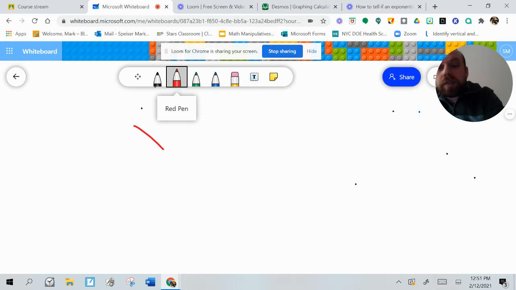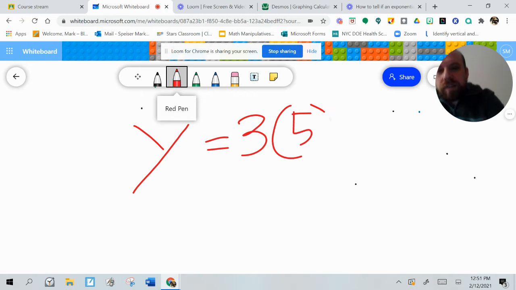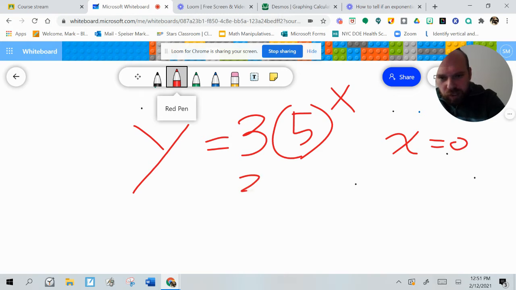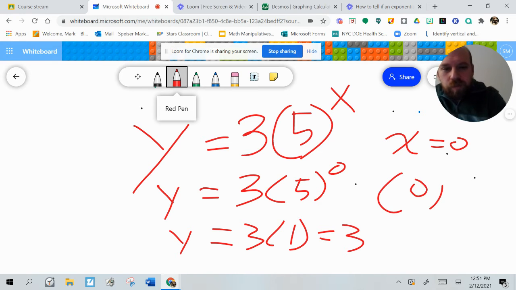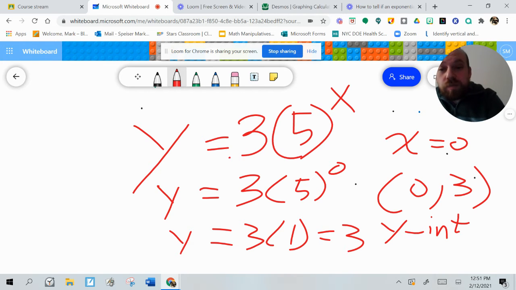So if we had y equals 3 times 5 to the x, we plug in x equals 0, and get 3 times 5 to the 0, which is 3 times 1, or 3. So the y-intercept would be (0, 3), which matches our a term.